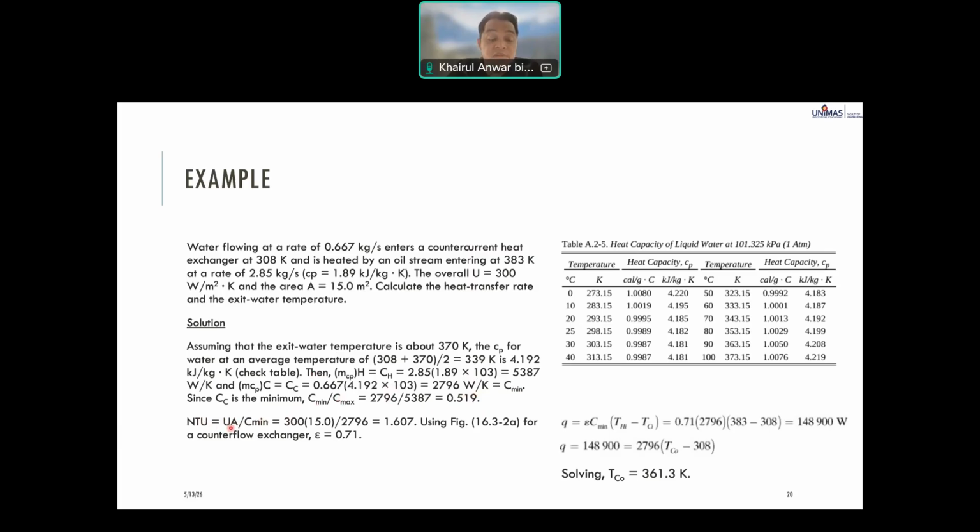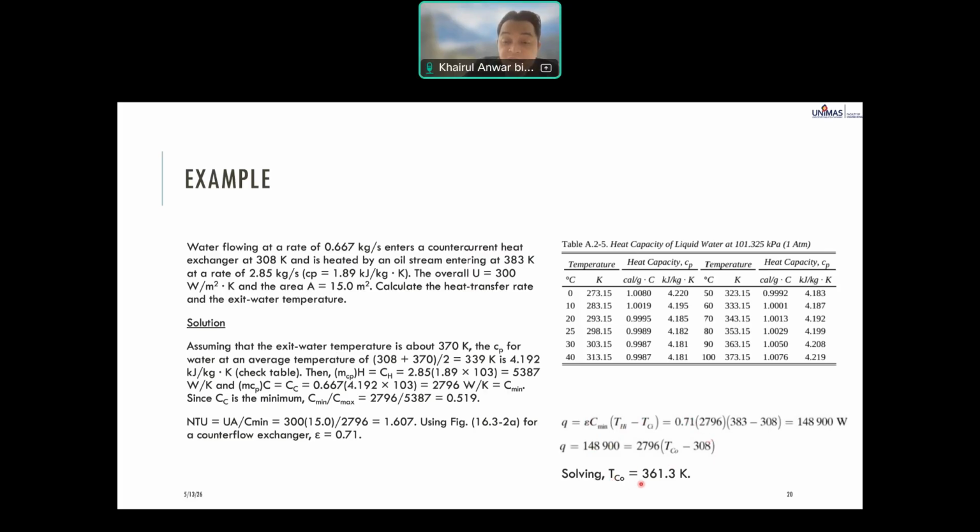So NTU equals UA over Cmin. Using the equation, Figure 16.3-2A for a counterflow exchanger, epsilon is equal to 0.71. Then we can calculate Q using this equation since we know the epsilon already.